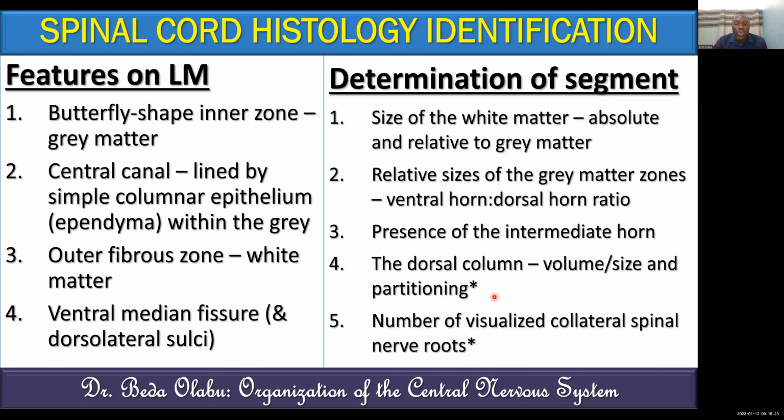So again, this is one of the points I want you to use only when it's present. When you see several collaterals, then we are definitely sure it's the lower segments of the cord and not upper segments. But when you don't see the collaterals, you can't say it is lower or upper because maybe they were removed during the processing of the tissues.